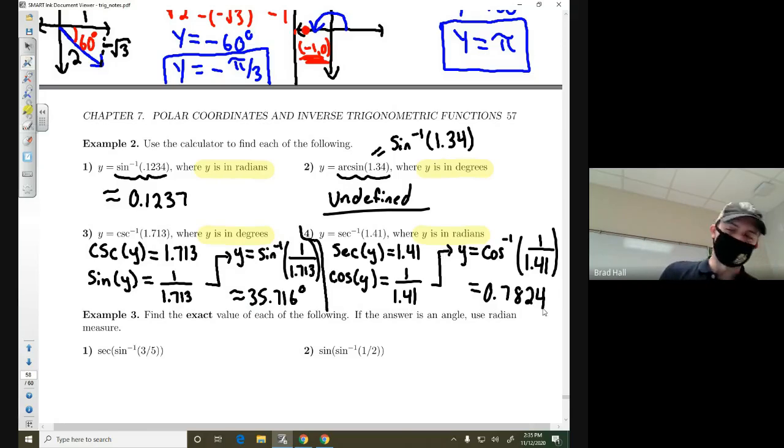So keep in mind, it's not going to say y is in radians. Actually, no, for radians, I lied. It says it right after. It'll say for radians, make sure the calculator's in radian mode. So, all right, I changed my mind. So that's another third of the problems right there.